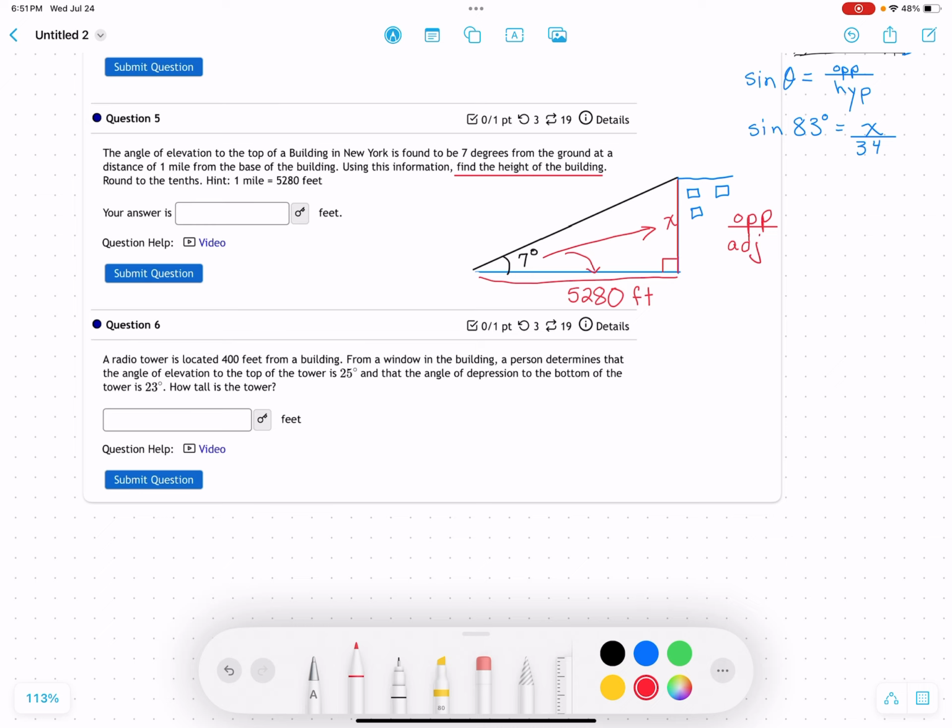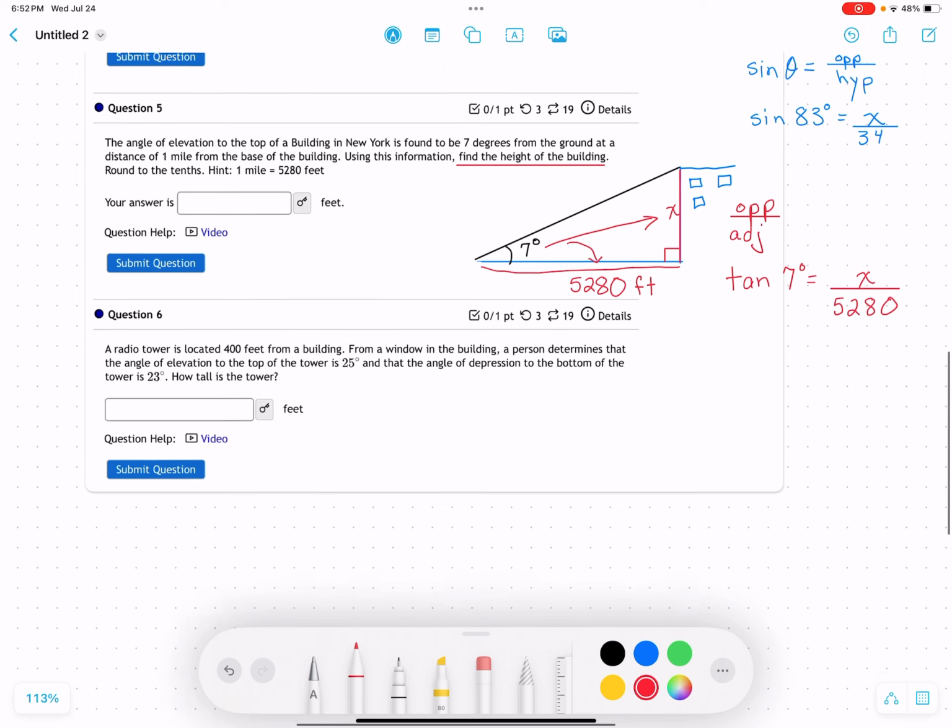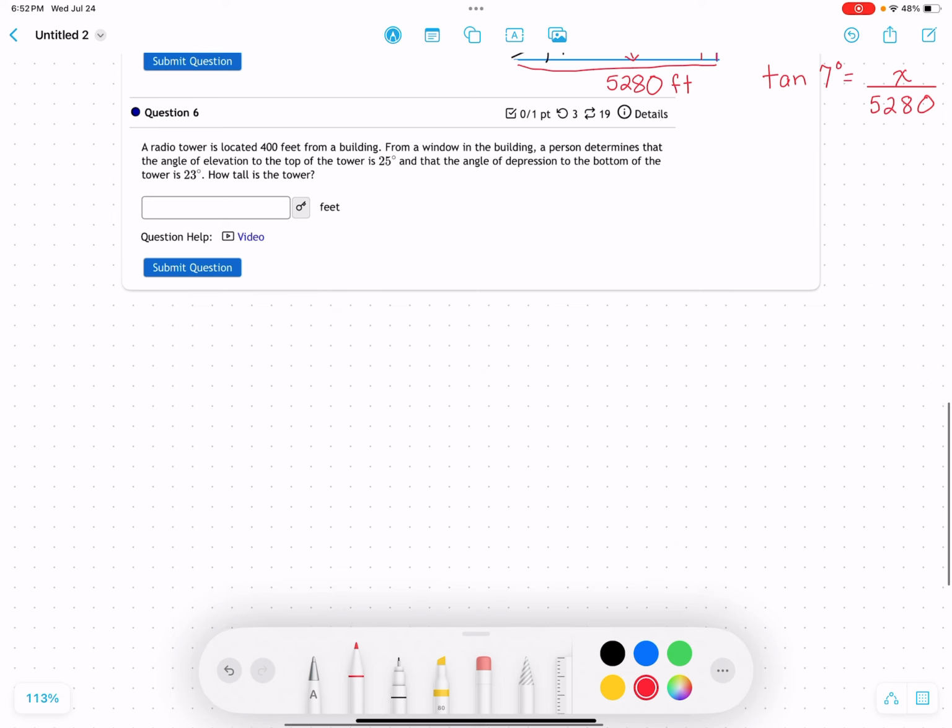What trig function am I going to use? OA, opposite over adjacent. The tangent of 7 degrees is equal to the opposite, x, over the adjacent, 5,280 feet. All right, one more example to do.